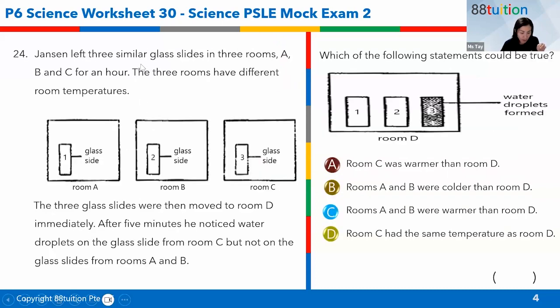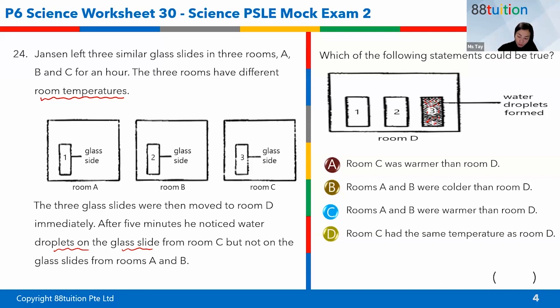Next one, Jensen left 3 similar glass slides in 3 rooms. Now, these 3 rooms have different room temperatures. We don't know whether they are warmer or colder. But after the 3 slides were moved to room D, 5 minutes later, water droplets was actually seen on glass slide from room C. There are a lot of water droplets being formed.